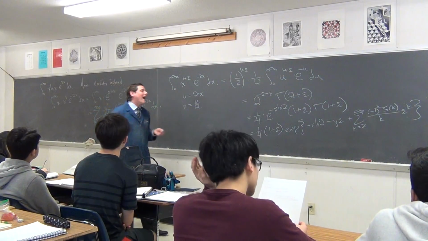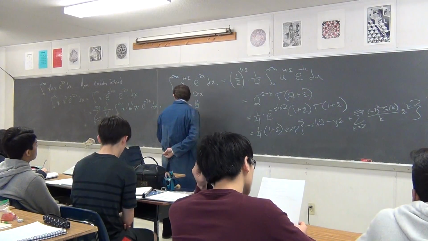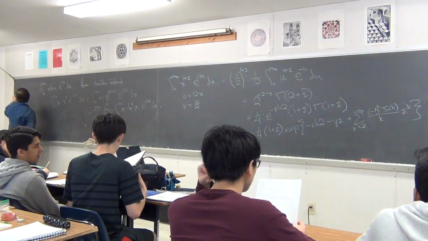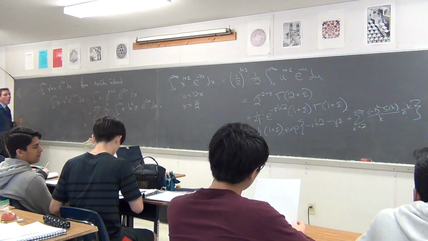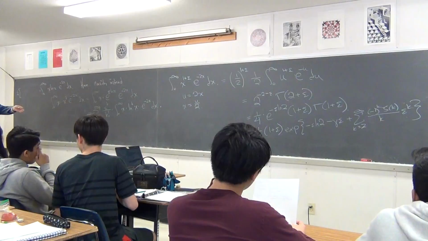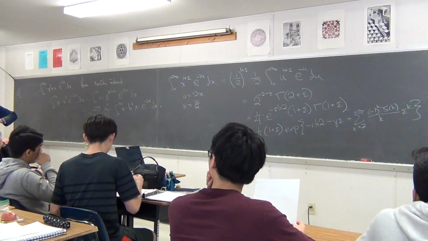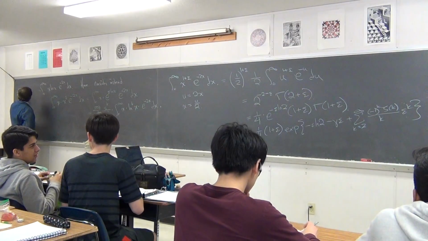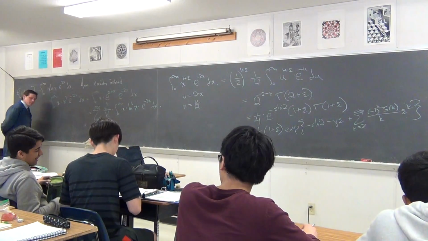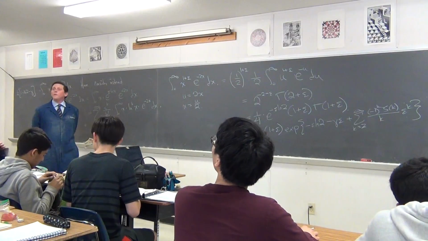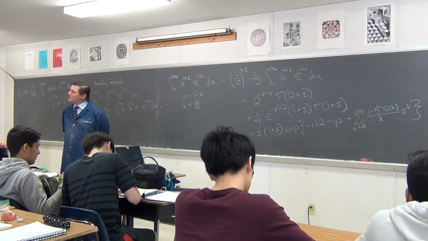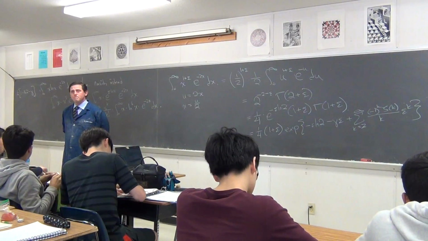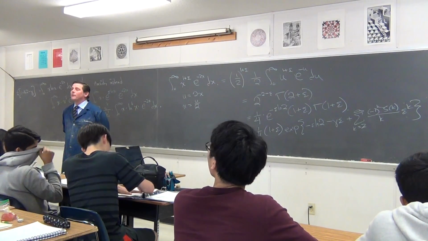So therefore, the value of this integral will be 1/4 times 1 minus log 2 minus Euler gamma. Okay? 1 minus the natural log of 2 minus the Euler-Mascheroni constant, all divided by 4. Okay. Any questions about that?